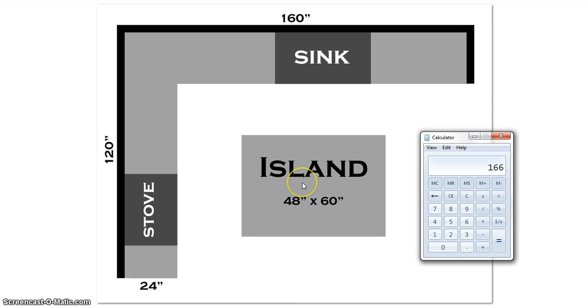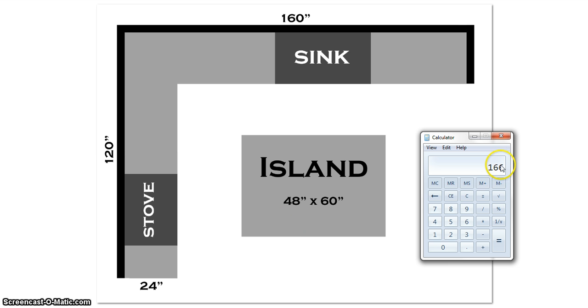We also have an island that we want to use lazy tiles on, so we're going to keep adding from our 166. Our island is 48 inches by 60 inches. We're going to use lazy tiles since they're 24 inches deep. The 48 will fit 2 lazy tiles back to back perfectly.